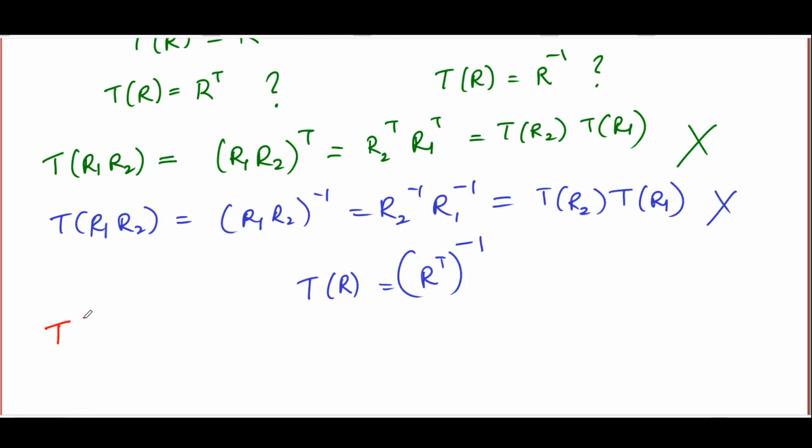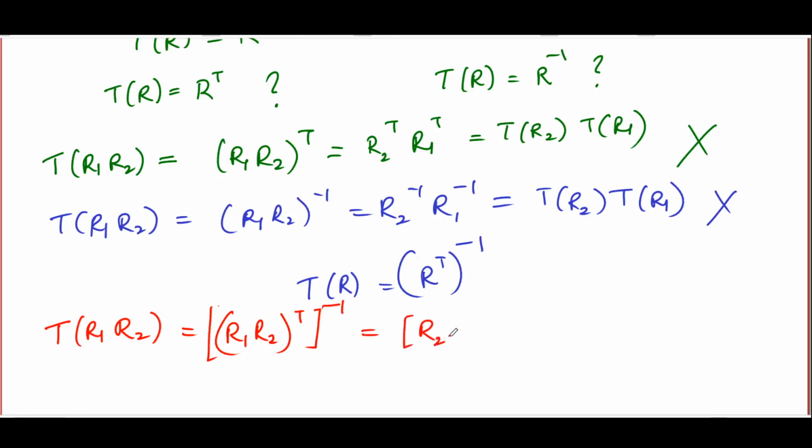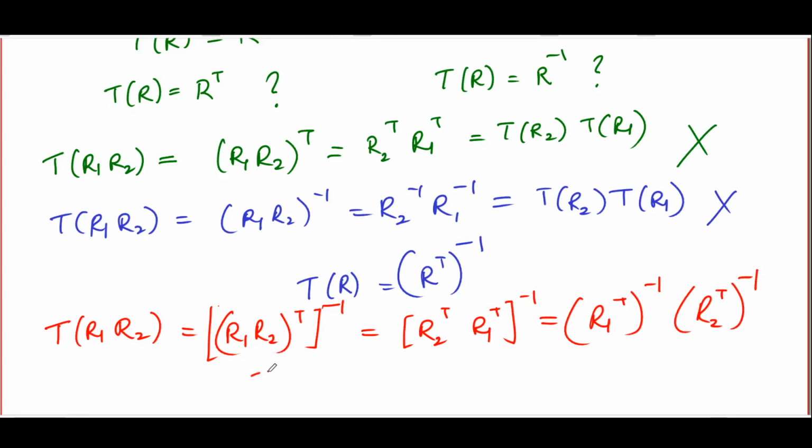So let's see whether that really works for this particular rule. T of R1R2 is R1R2's transpose inverted. That is, of course, R2 transpose R1 transpose inverse, and that is R1 transpose inverse times R2 transpose inverse, and that really is T of R1 times T of R2.